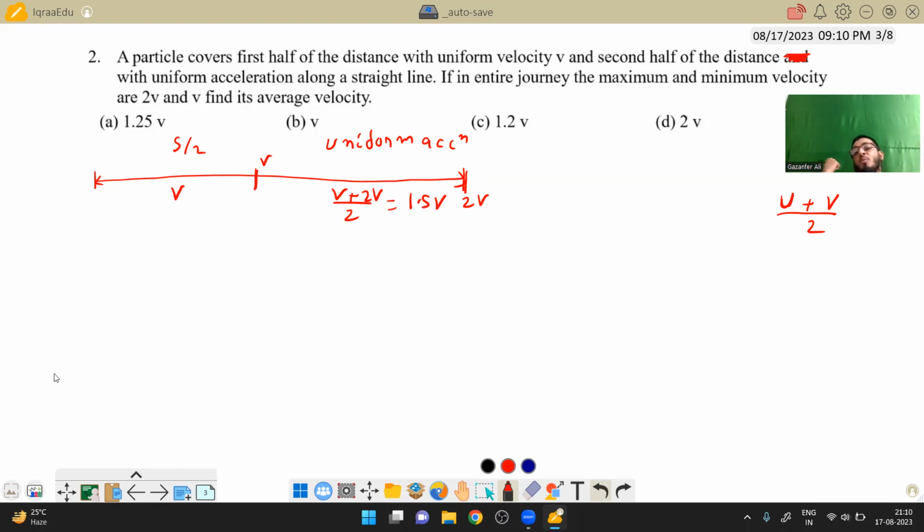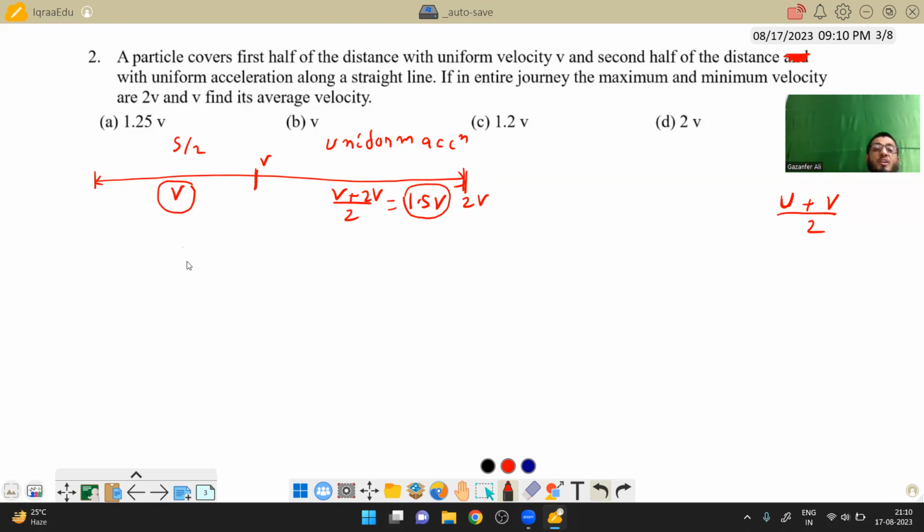Now we come back to the original problem. Half the distance with the velocity v and half the distance with the velocity 1.5v. If it's half the distance, or equal distance, then your average is what? Harmonic mean.